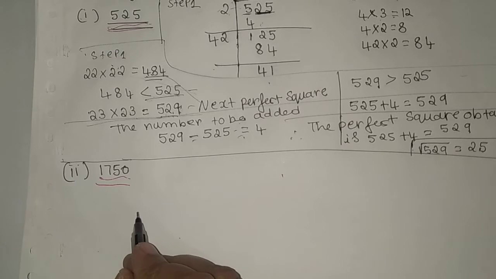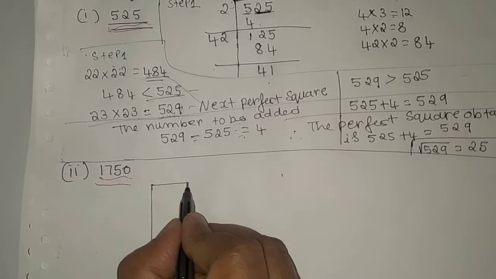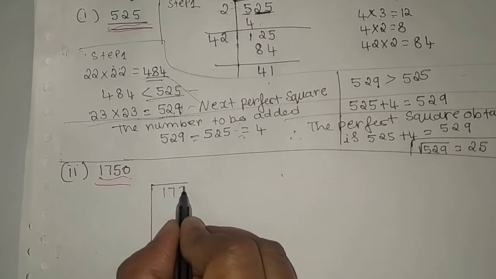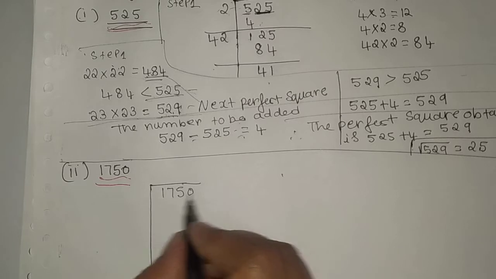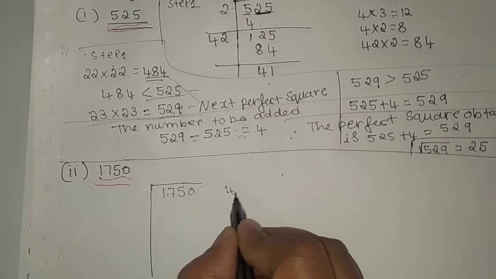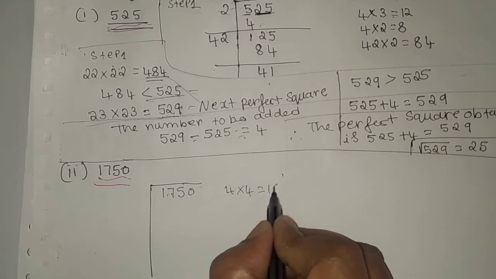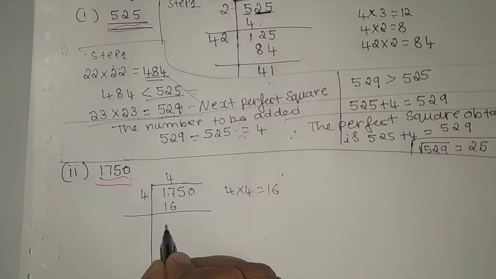One more next problem we'll solve, then you will get the correct idea. So what is the first step? We have to find the square root steps. The nearest square number is 4 into 4, which is 16. 4 4's are 16. Remainder 1.